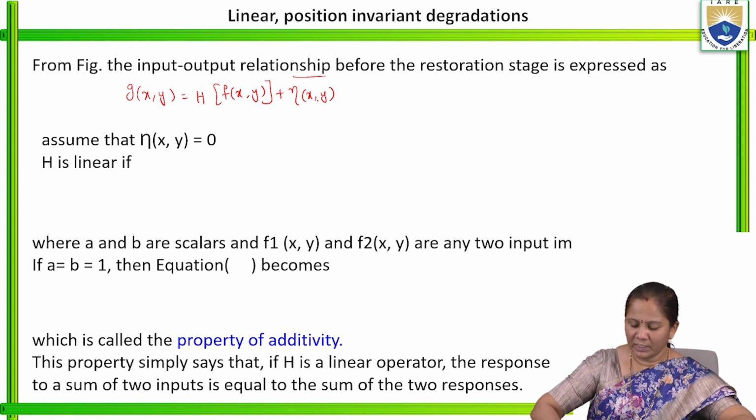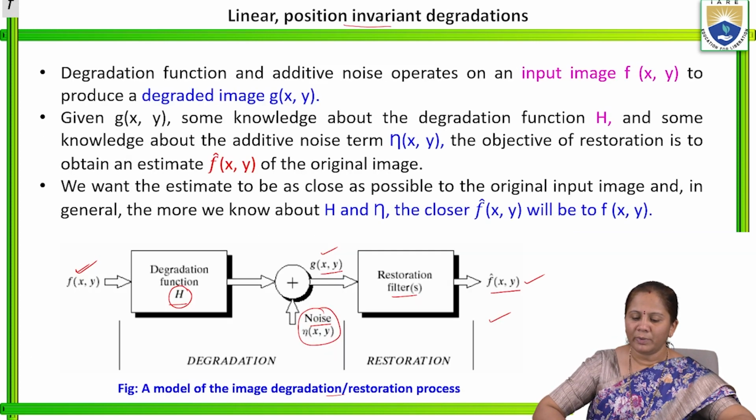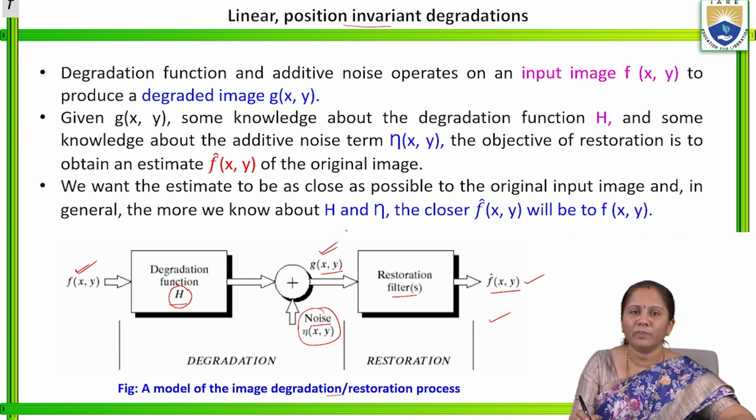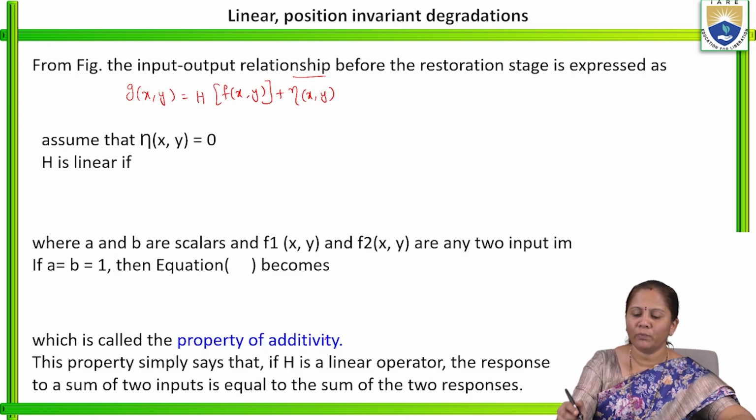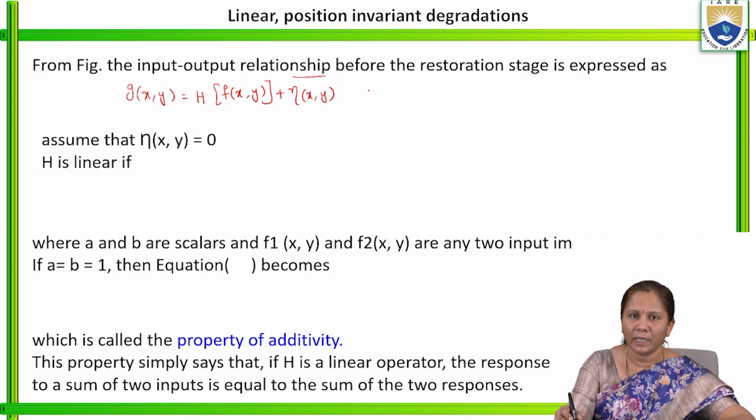Here g of x comma y is the output of the degradation function applied on the input image f of x comma y, plus, since an adder is there, the additive noise eta of x comma y. We have written this equation from that figure. Let us consider this as equation 1.